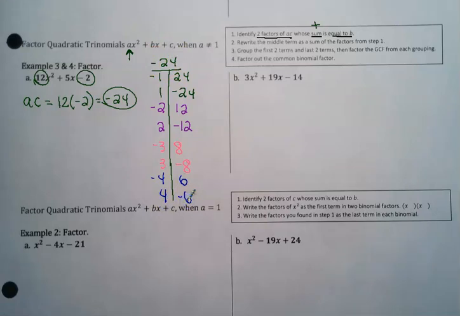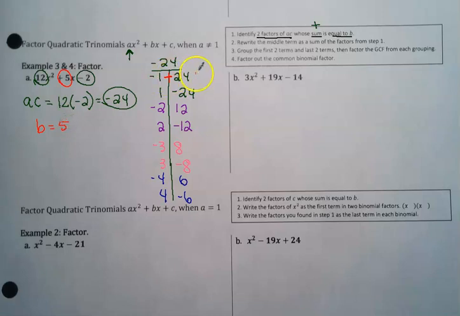Now, the reason I listed them both is because it says we're finding the factors, so these are all of our possible factors, whose sum is equal to B. Well, we're going to add these two factors together to equal B, and our B value is a +5.